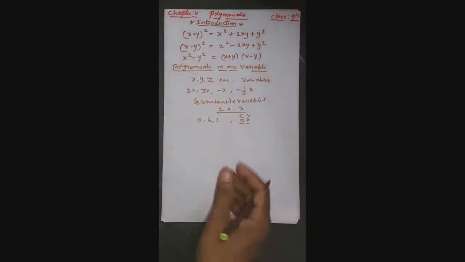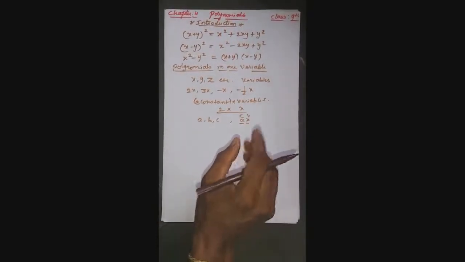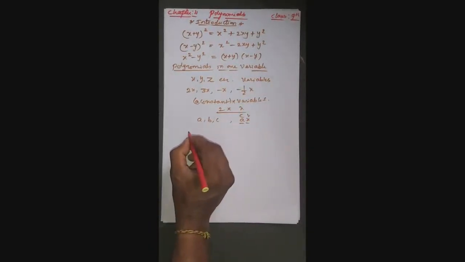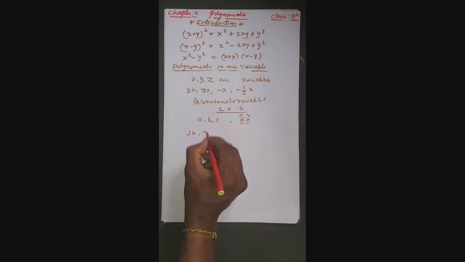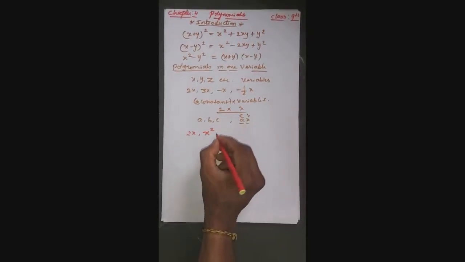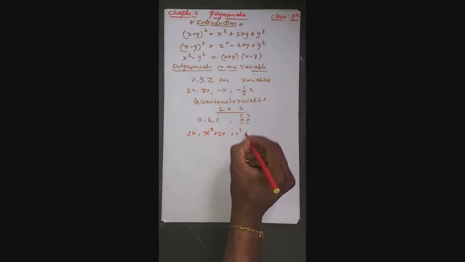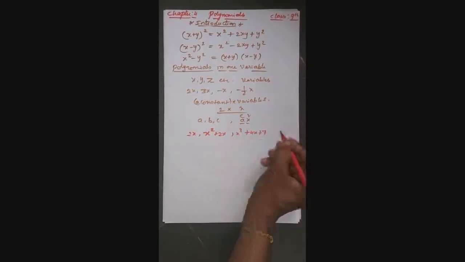However, there is a difference between a letter denoting a constant and a letter denoting a variable. You are also familiar with other algebraic expressions like 2x, x square plus 2x, and x cube plus 4x plus 7, right?